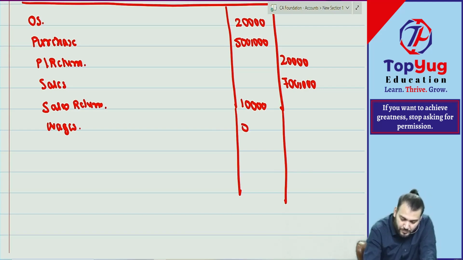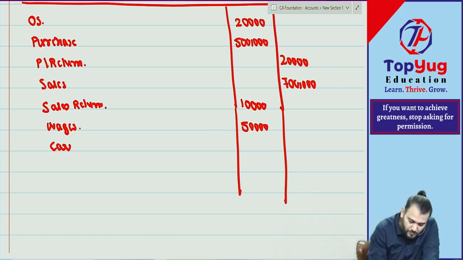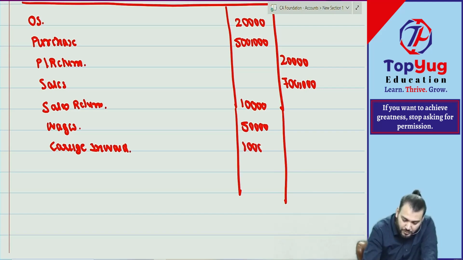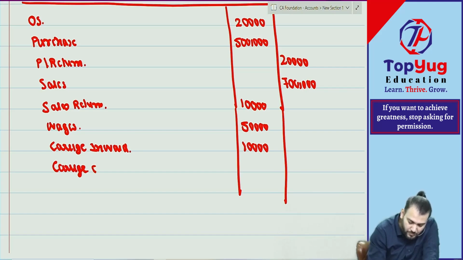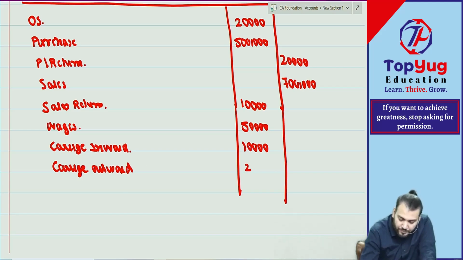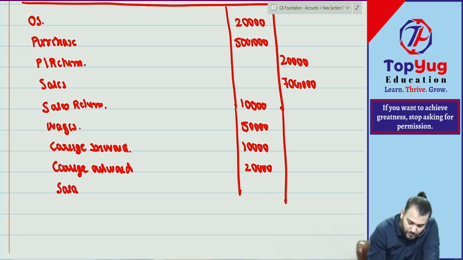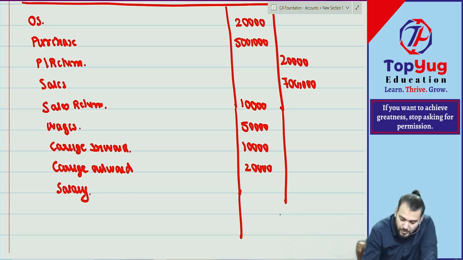Wages 50,000. Carriage inward 10,000. Carriage outward 20,000. Salary 50,000.